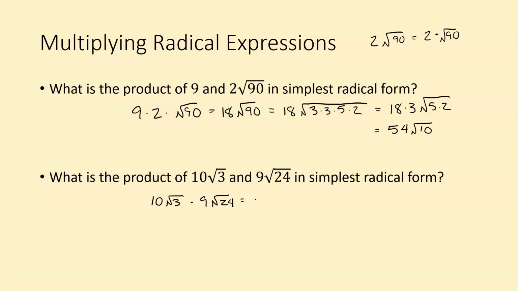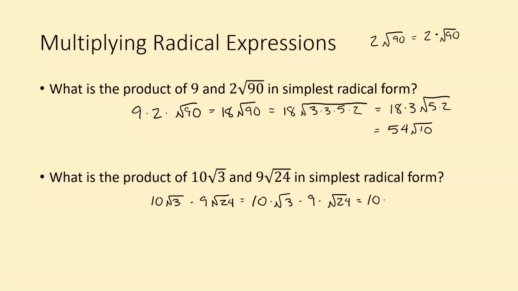So really we want to think about this as 10 times root 3 times 9 times root 24. And the reason we do that, that helps us because we can reorganize this to have the radicals next to each other, and the numbers outside the radical next to each other.